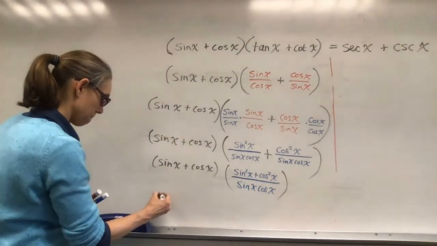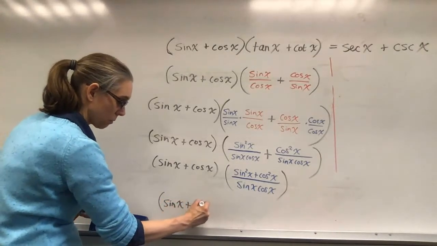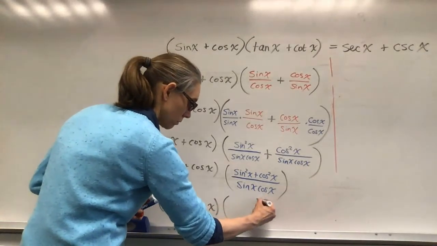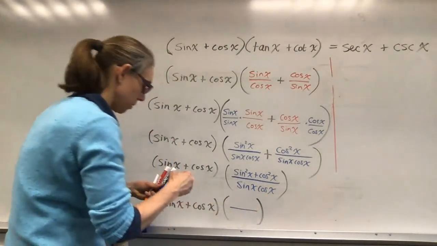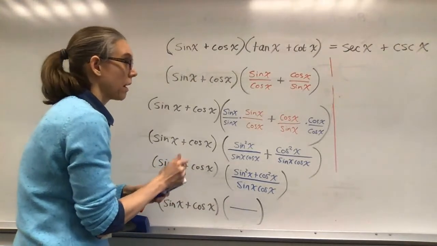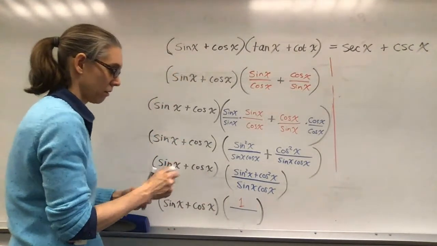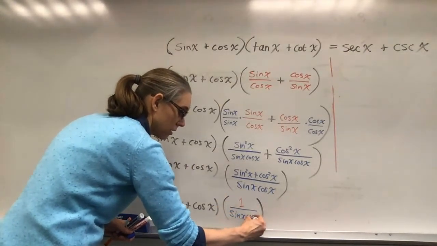Next line down. Sine x plus cosine x. Now my numerator gets replaced by 1. And my denominator is still sine x cos x.